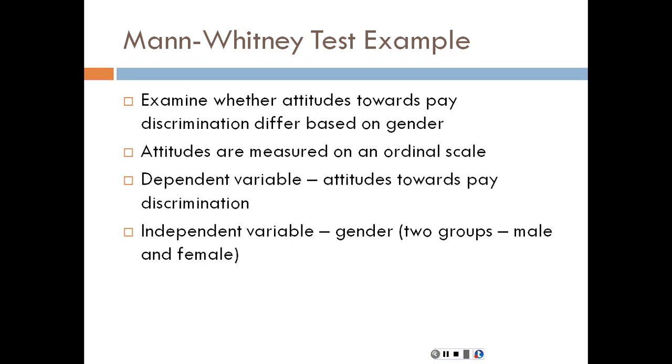I could have a Likert scale from 1 to 5: do you agree, from strongly disagree all the way to strongly agree? Having that Likert scale is when it will be measured on an ordinal scale.